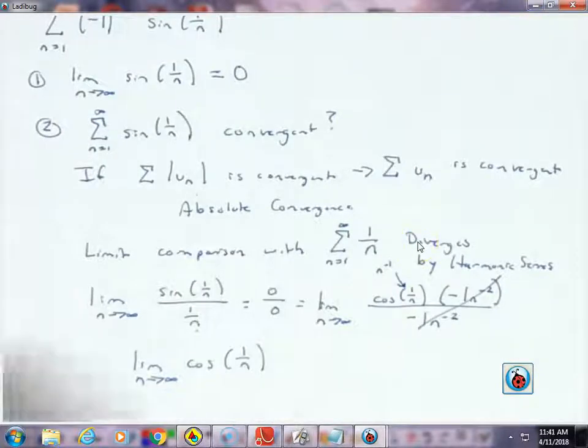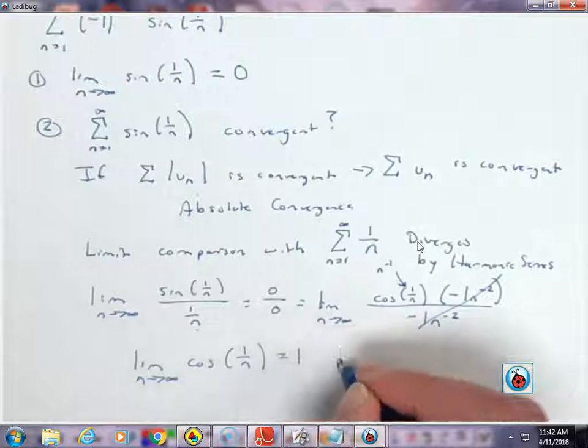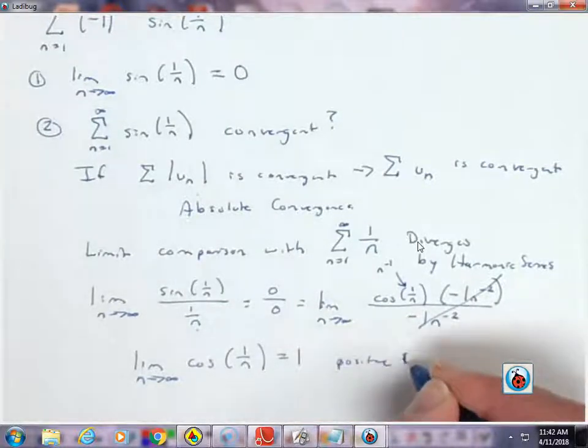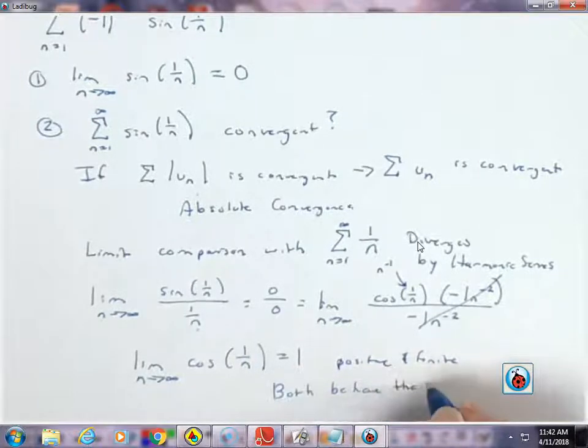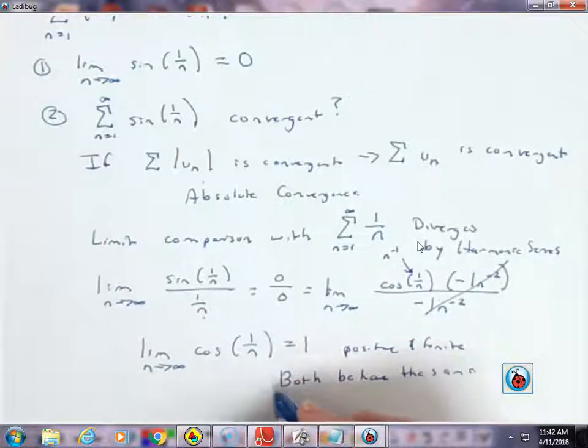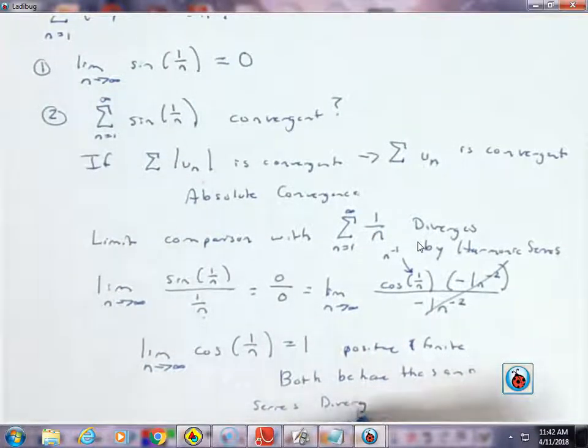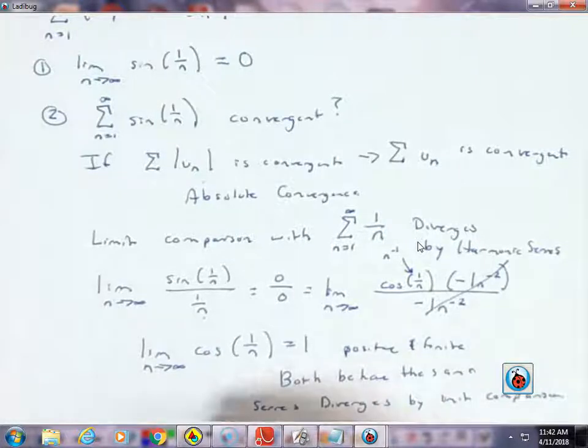And so this is 1, which is positive and finite, which means both behave the same, which in this case means that this series diverges by limit comparison. Therefore this does not converge absolutely.